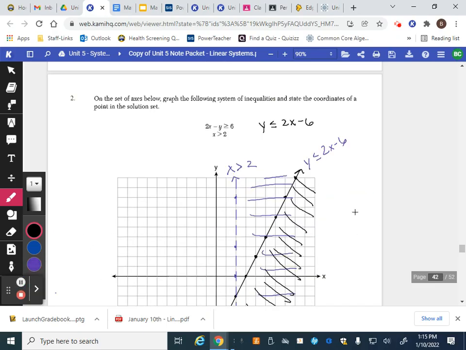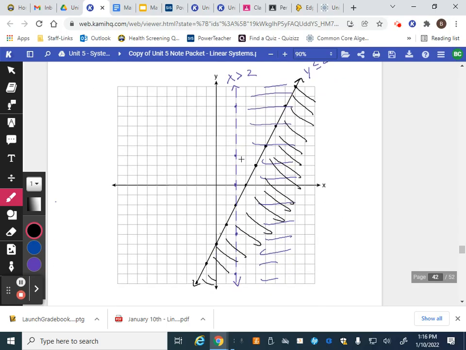And then number 2, we have one standard inequality, y is less than or equal to 2x minus 6, and then one that's a little bit different, x is greater than 2. We've dealt with lines that are horizontal or vertical before, so x is greater than 2 is going to be a vertical line, and 2 is where it's going to cross the x-axis.